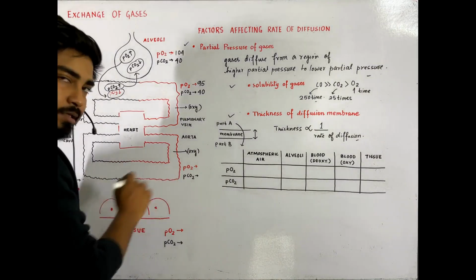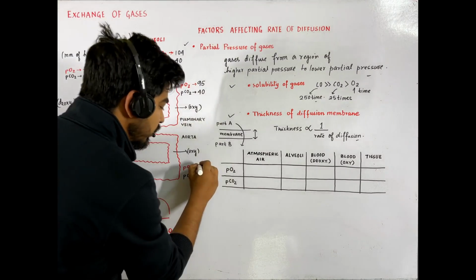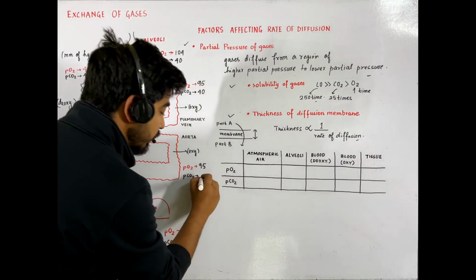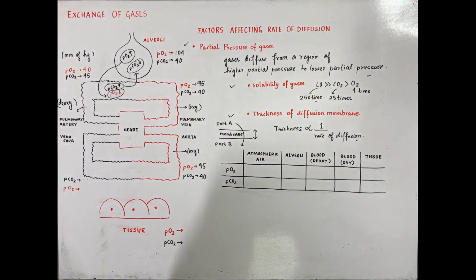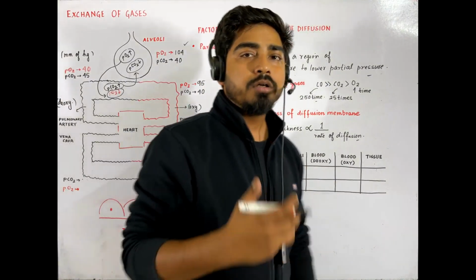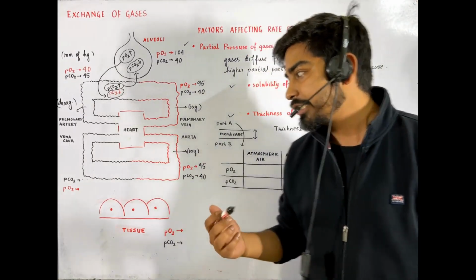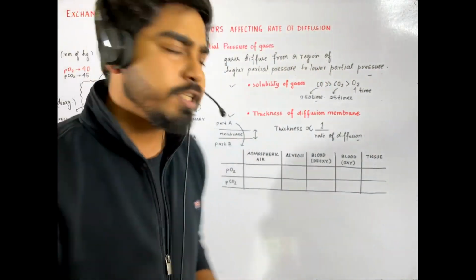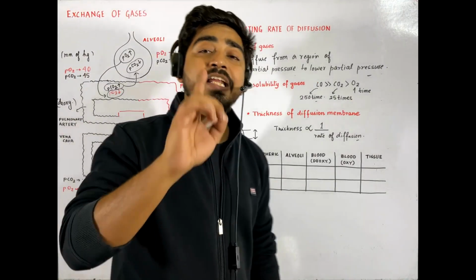Now near the tissues there will be no change in partial pressure, right? So the partial pressure of oxygen will be 95 and carbon dioxide will be 40. Let's see this case. In the tissue, a step called respiration is being performed, an enzyme-linked step. The output of respiration is carbon dioxide, water and energy, right?